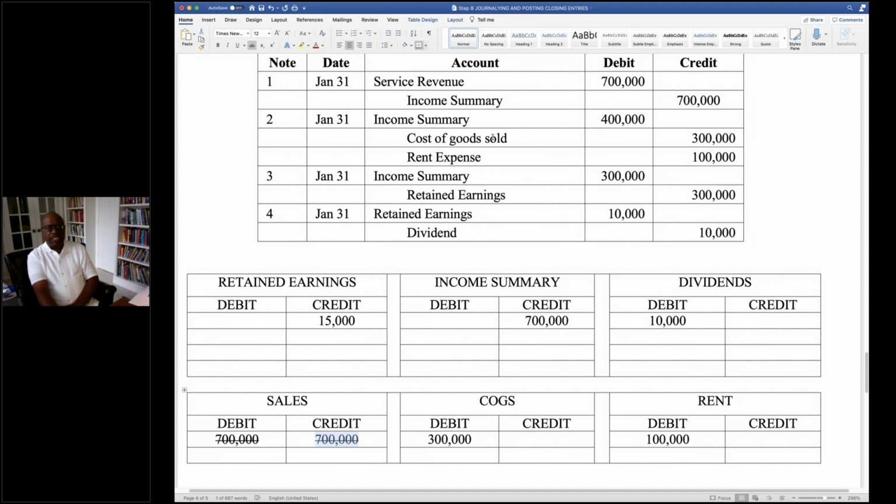Next, I'm going to close out the expenses. I'm going to debit income summary, and I'm going to credit cost of goods sold and rent expense. Now I have to post that. I go to income summary and debit it for $400,000.